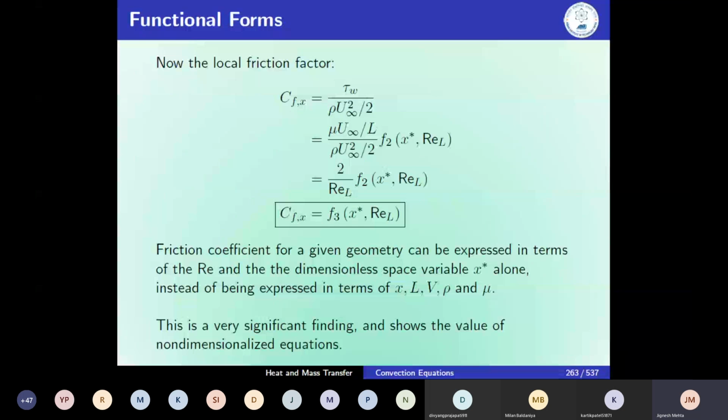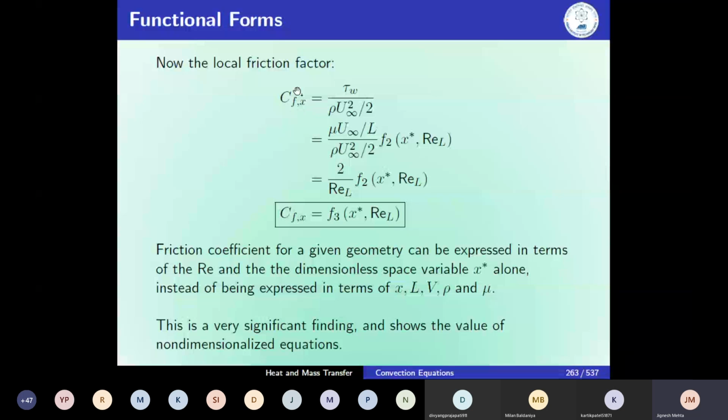Now you are using the definition of local friction factor. You had defined it as tau w upon u infinity square by 2, right? So now you are putting in that value of tau at wall. If you put that, what you see is this local friction factor, right? When you write x as suffix, f is for friction, and x as suffix means it is local value. Okay.